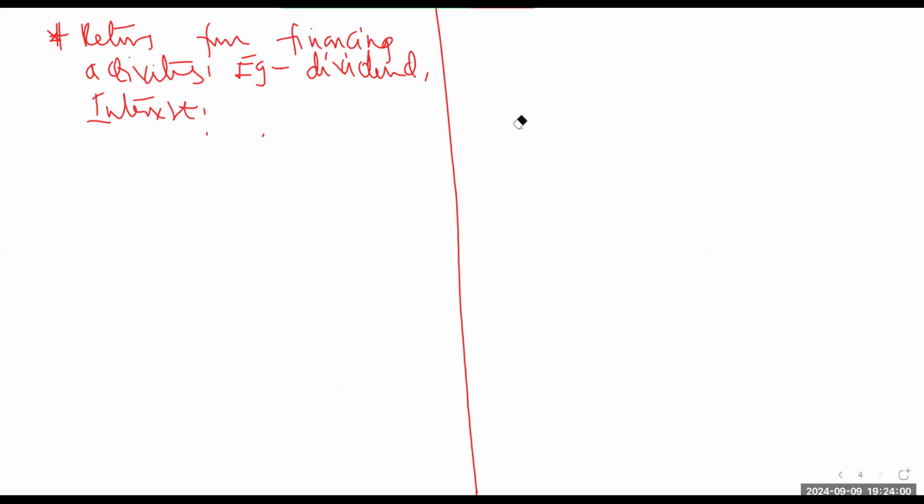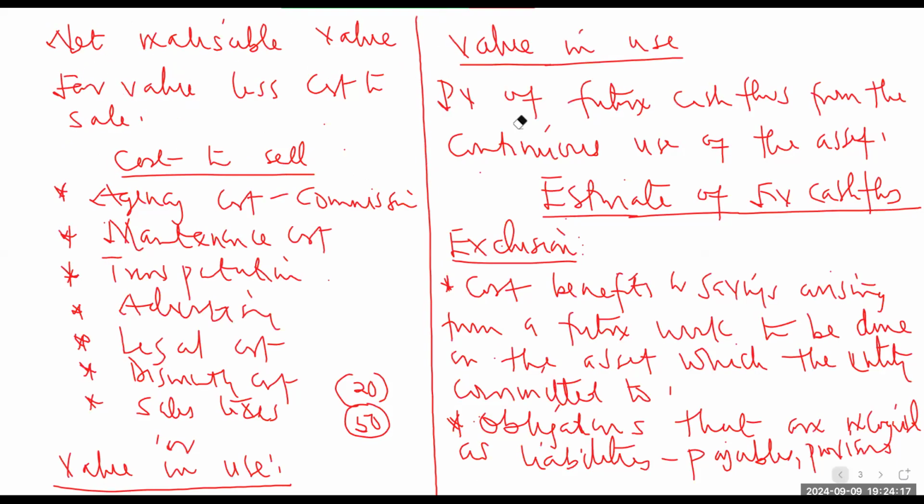It should also not take into consideration the impact of tax. So we always use pre-tax cash flows. The estimate of the future cash flows should only reflect activities that are directly attributable to the operations of the assets.